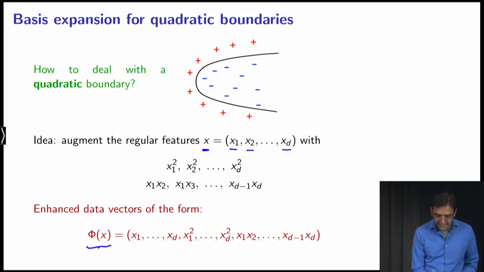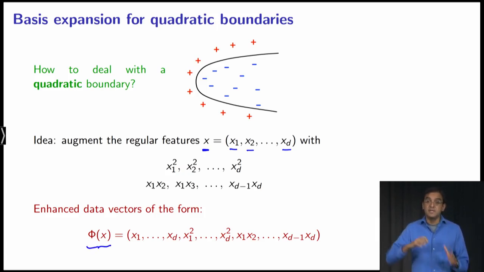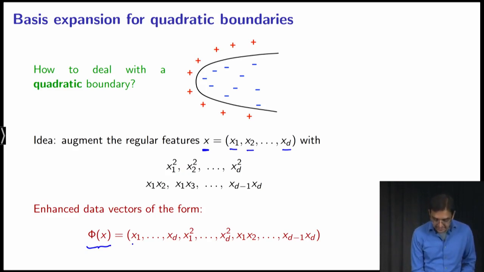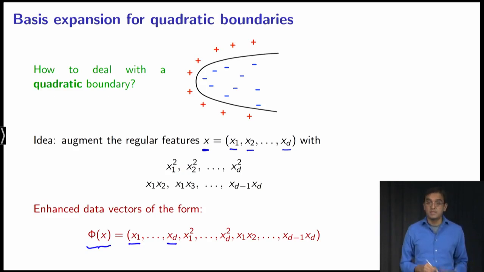Okay, so we create this expanded representation, this higher dimensional embedding, phi of x. It contains all the original features, x1 through xd, as well as the squares, x1 squared to xd squared, as well as all the pairwise products, x1 x2, x1 x3, all the way to x_{d-1} xd.